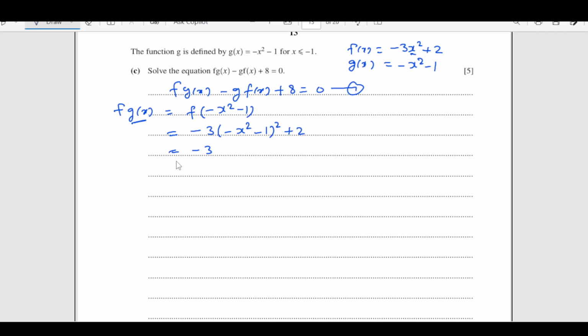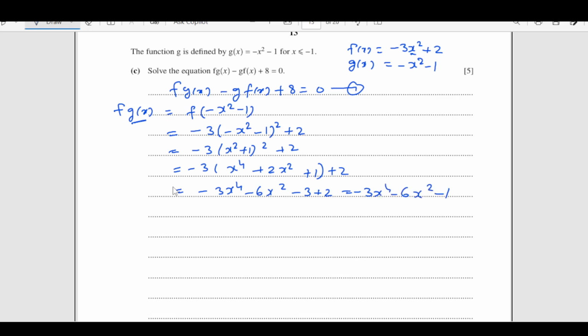Notice one thing, this is negative and squared, that is going to be positive. So I am just changing sign to make it easier. This is negative 3 into x to the 4 plus 2x squared plus 1, plus 2. So this is negative 3x to the 4 minus 6x squared minus 3 plus 2. So this is negative 3x to the 4 minus 6x squared minus 1, right. So this is our f of g(x).